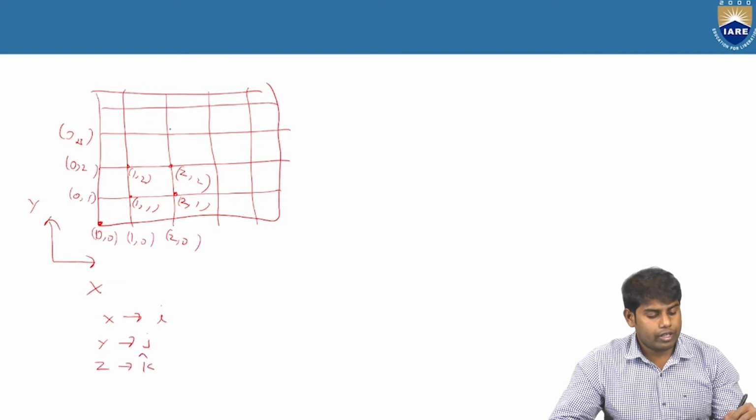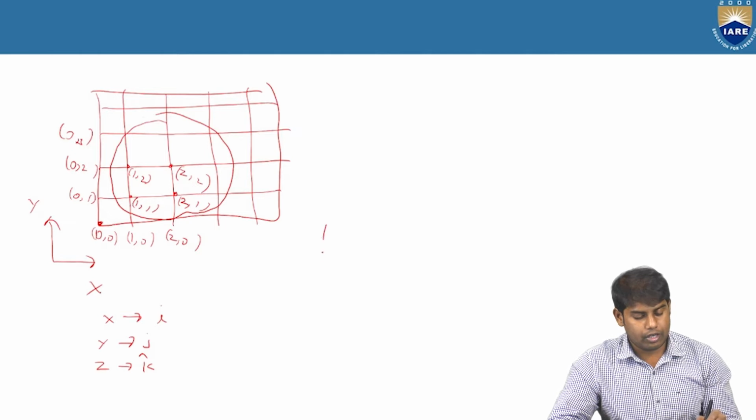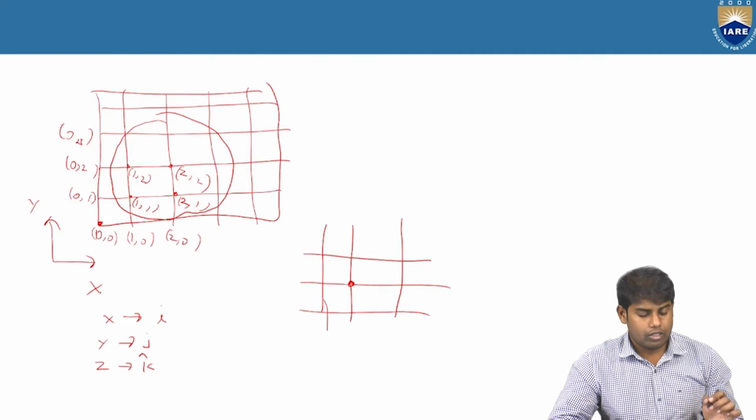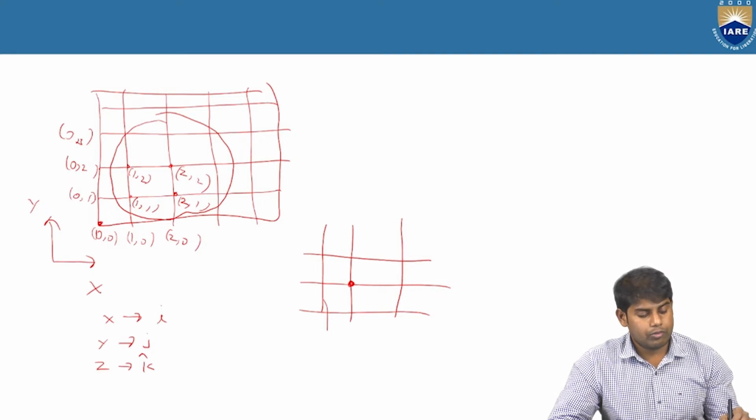When you are taking an area of interest for a 2D axis, let me draw the zoomed one. Let's say this is our point of interest, and let's say this is my point 1 comma 1.